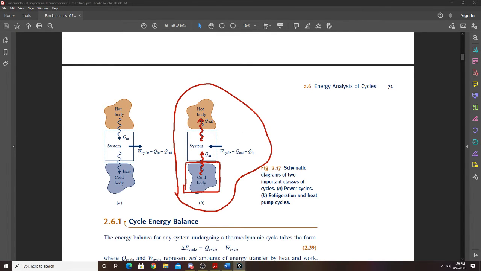The reason this is different now, if you switch to a heat pump cycle, is that we actually want this. To heat our house, we want this right here, the hot fluid. We want the hot exhaust gases to heat our house. In a refrigeration cycle, we want the cold to be removed from the refrigerated space.